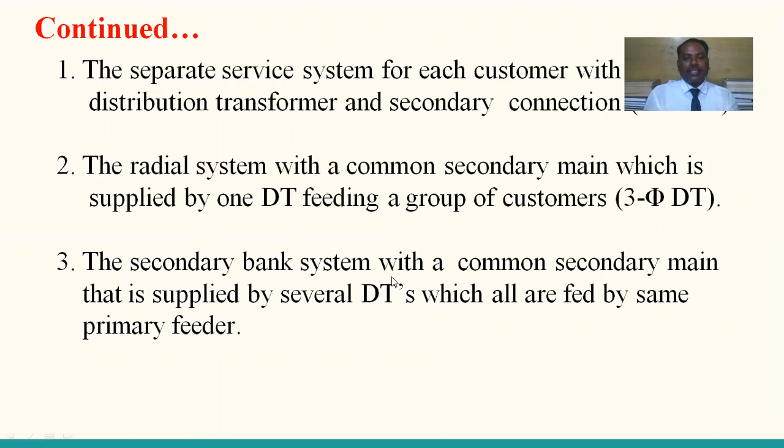The secondary bank system is a common secondary main supplied by several distribution transformers, all fed by the same primary. It is secondary banking, or parallel connection of the transformers. When the existing transformer does not serve the required power, you can go for secondary banking.